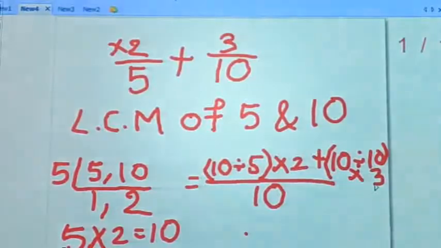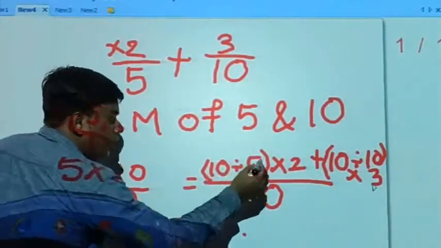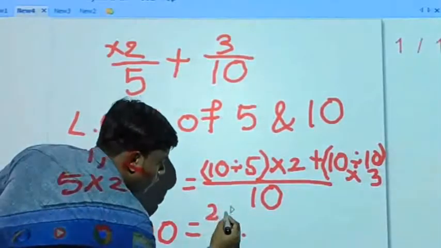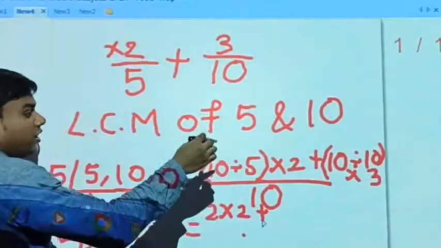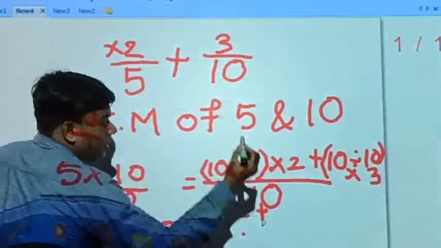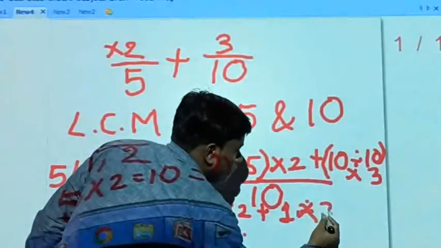So 10 divided by 5 is equal to 2, 2 into 2, plus 10 divided by 10 is equal to 1, into 3.